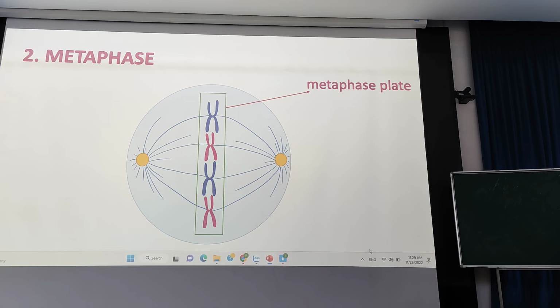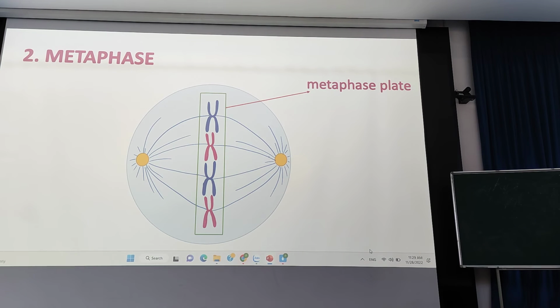So in humans, how many chromosomes can you count in one dividing cell in the metaphase? I'm sorry, can you repeat again? For example, if it's human cells in the metaphase of dividing cells, how many chromosomes can you count? So in a normal human cell we have 46, right? Yeah.